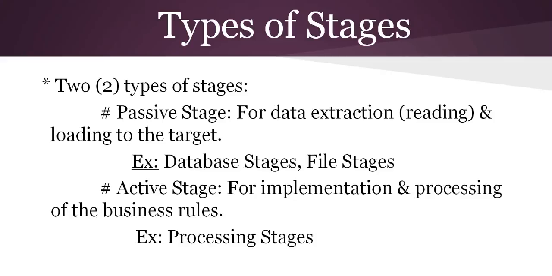For server jobs there are a few processing stages, whereas in parallel jobs there is a pretty long list of processing stages. You need not worry about how to remember and what to remember, because when we open a palette in any job, either server or parallel, they have a label and the list of the stages under the processing stages label. So you need not worry about remembering it.